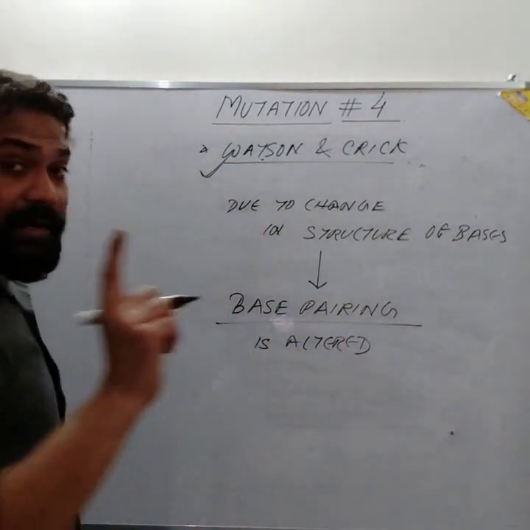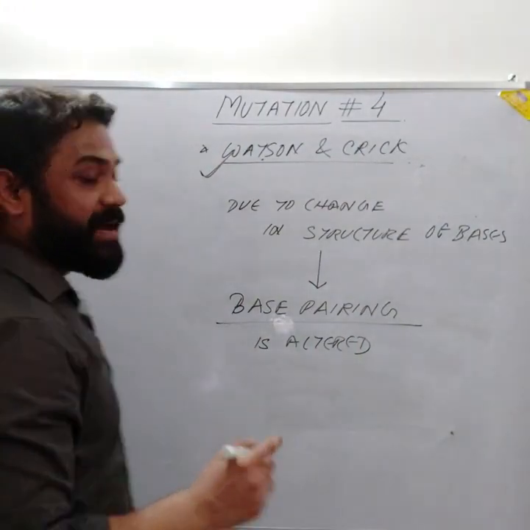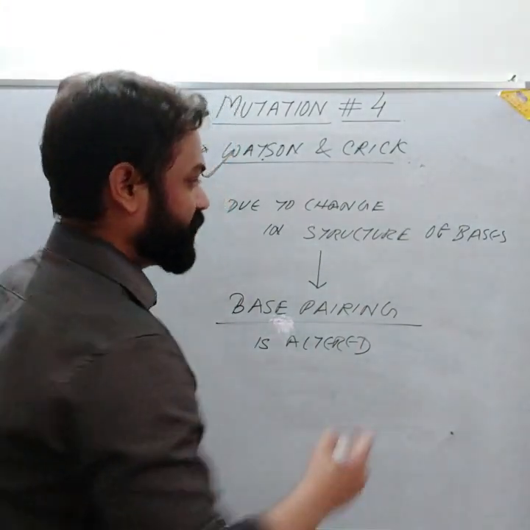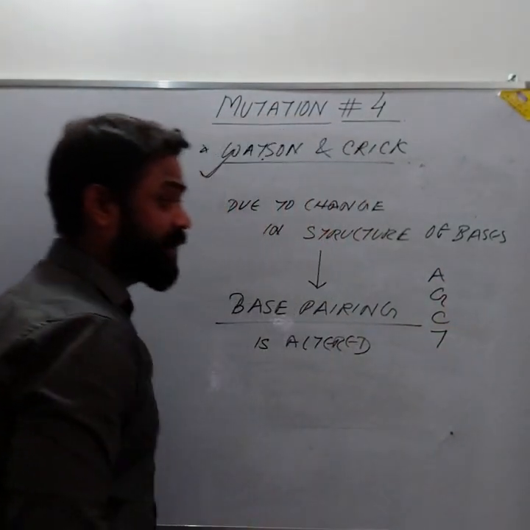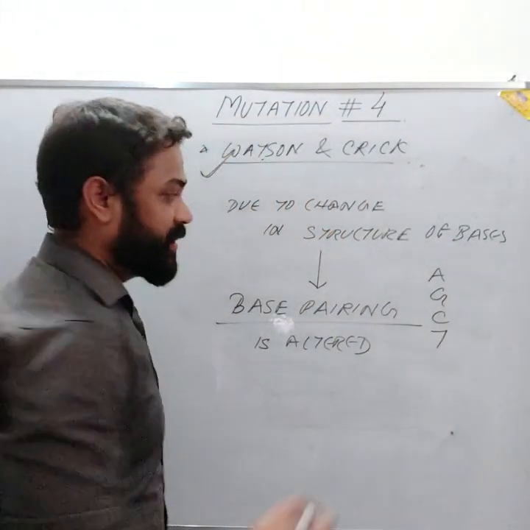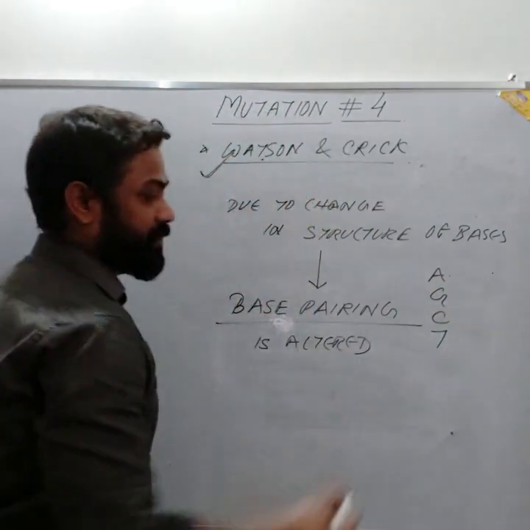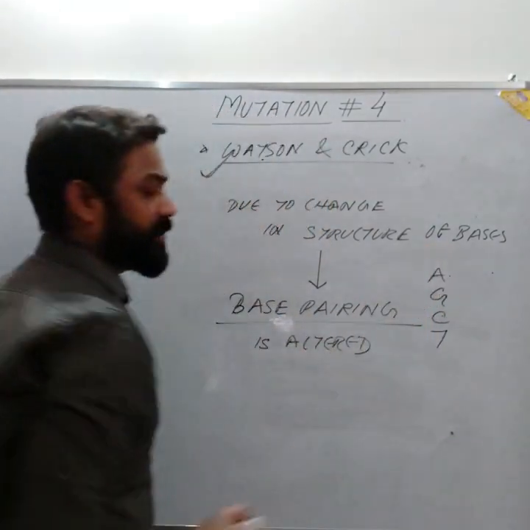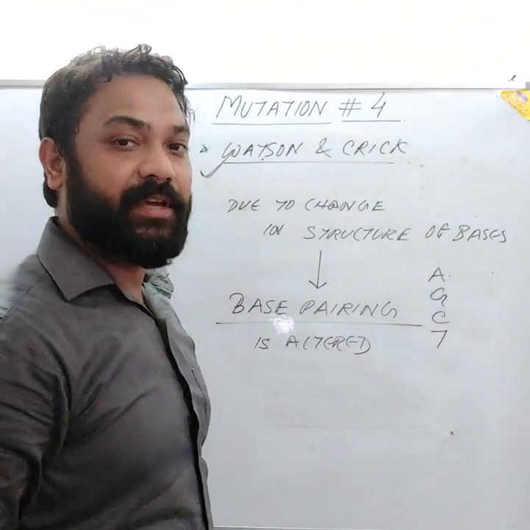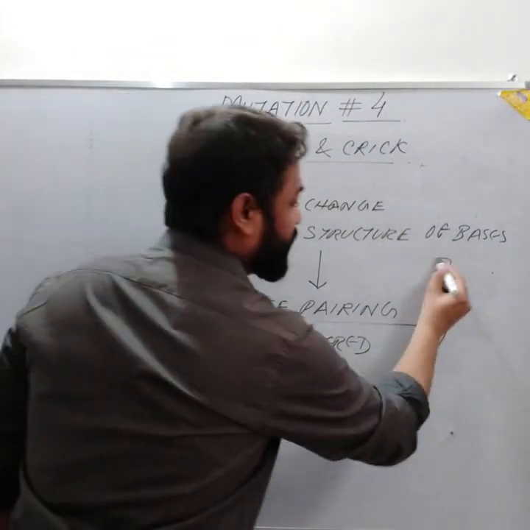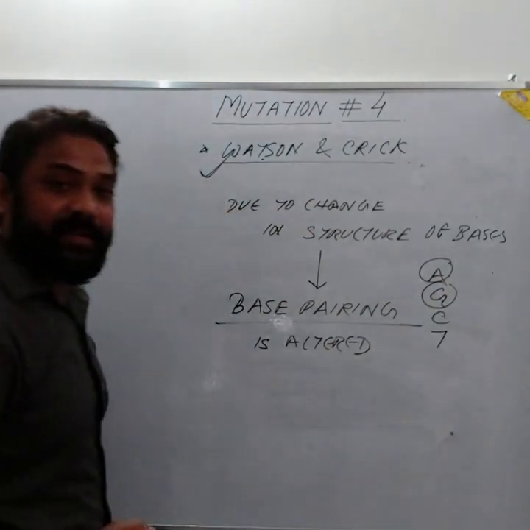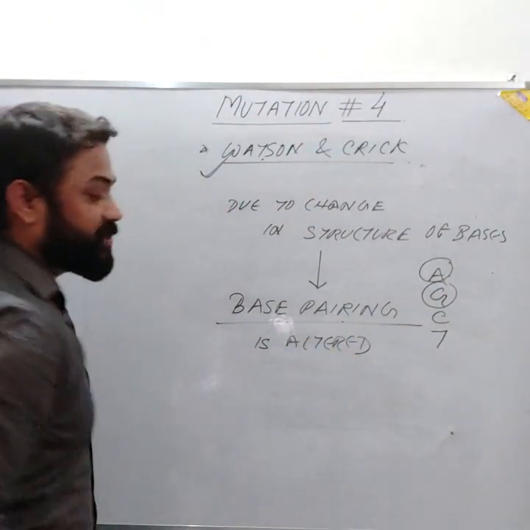Under normal conditions, if I have a normal structure of any base, be it adenine, guanine, cytosine, thymine, whatever, adenine will always pair with T, and C will always pair with G. This is under the normal case. Now what will happen? If there is a change in the structure of these bases, the base pairing is altered.